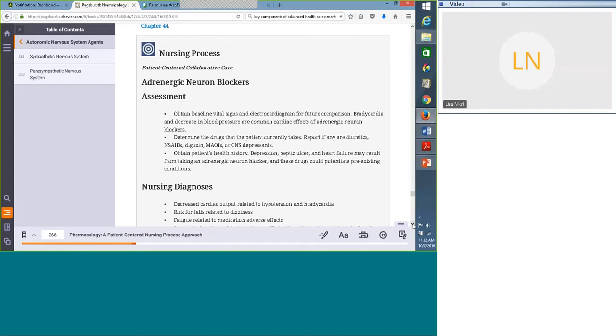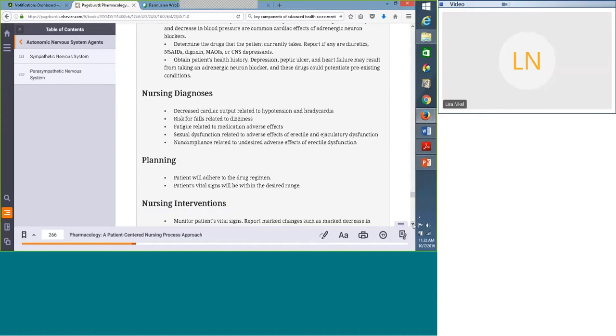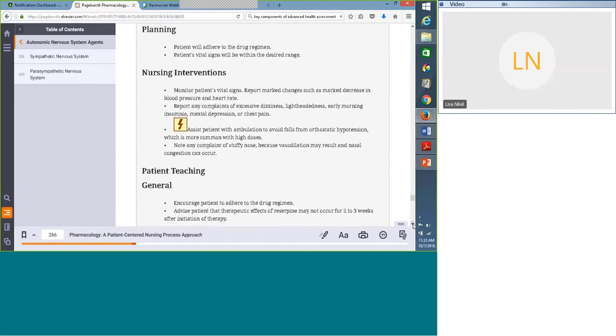So for the drug classification, adrenergic neuron blockers, this tells you what are the key things you as a nurse need to assess before you give the drug. What are some common nursing diagnoses that this drug is used for? What should your planning include? What should you be thinking about as the nurse taking care of the client?